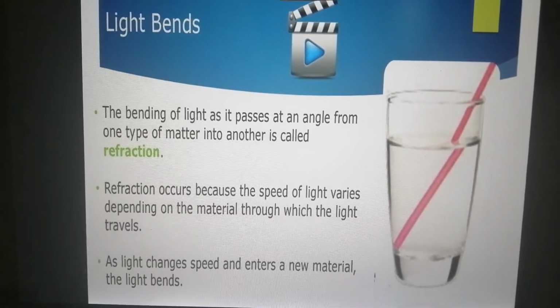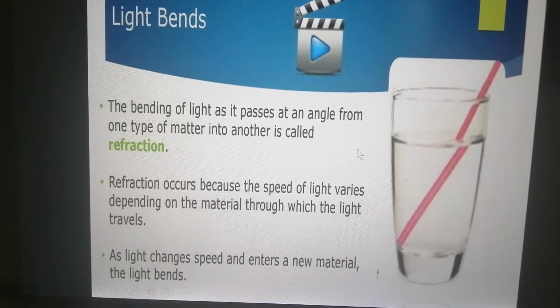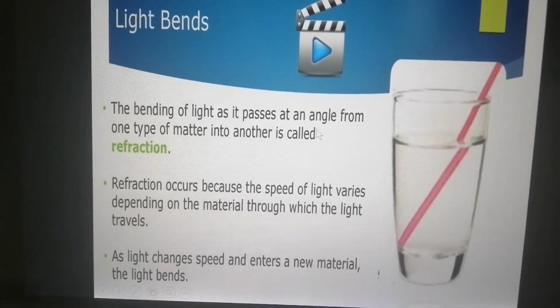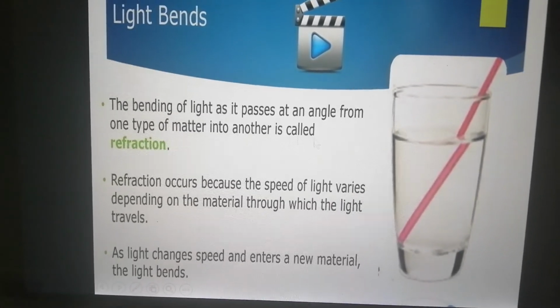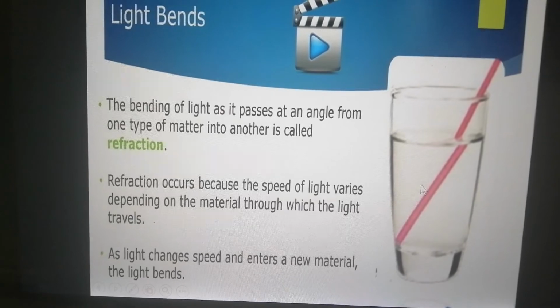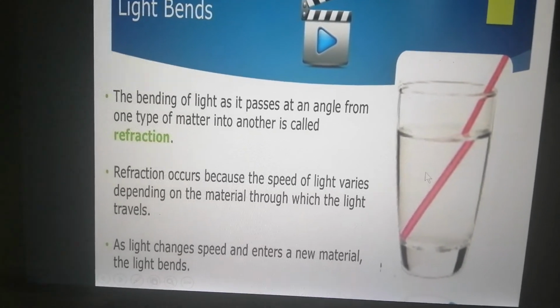So what is the meaning of refraction? It is the bending of light as it passes at an angle from one matter into another. Why does refraction occur? Because of the change in the speed of light.